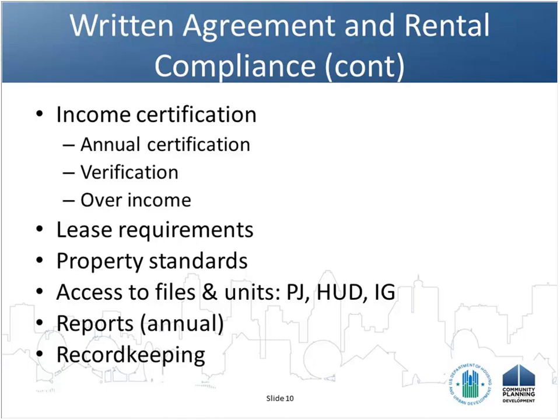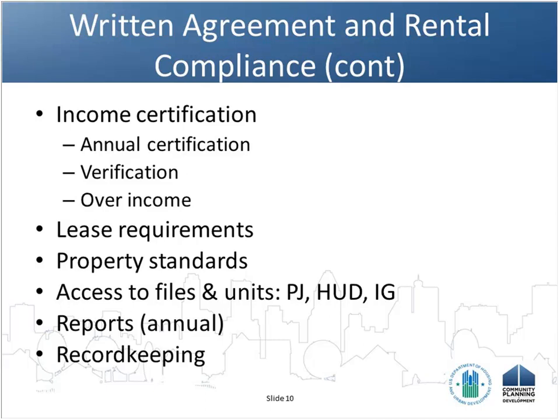So that written agreement should spell out the access to the files and the units, but also who's going to control those records and where they will be stored. You may have some language about security of those.